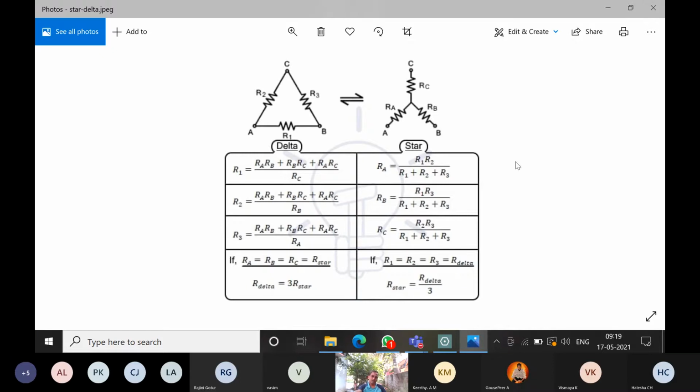For all the resistances equal, you can simply write it as: if delta is converted to star, it is divided by 3, and if it is star to delta, it is multiplied by 3. If all the resistances are equal, in that case you can use this last formula.